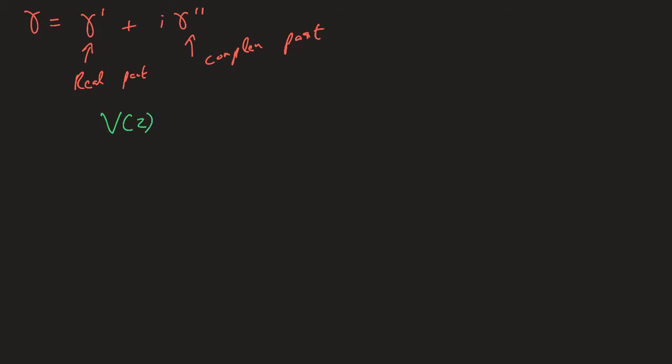So we can write V of z as being equal to V plus e to the minus gamma prime z, let's just write it in expanded form, times e to the minus j gamma double prime z, plus V minus e to the gamma prime z times e to the plus j gamma double prime z, right?